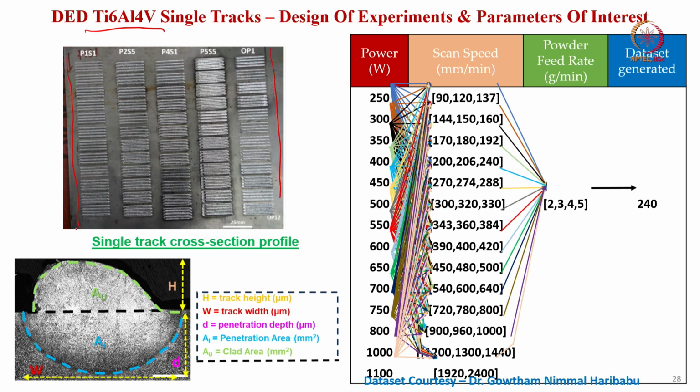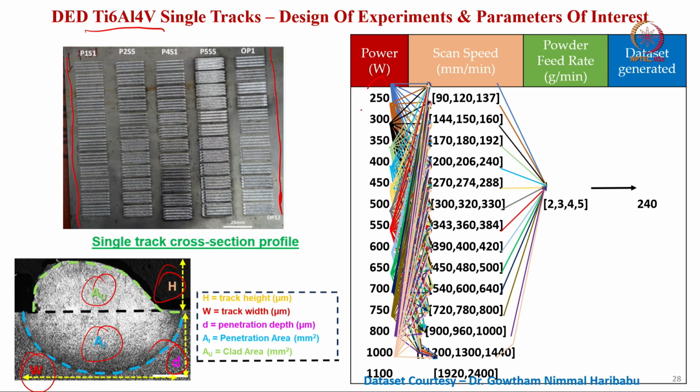On the same plate you can see a large number of single tracks of titanium 6 aluminum 4 vanadium deposited, and you get AU, AL, capital H, small d and W, which is the track width.